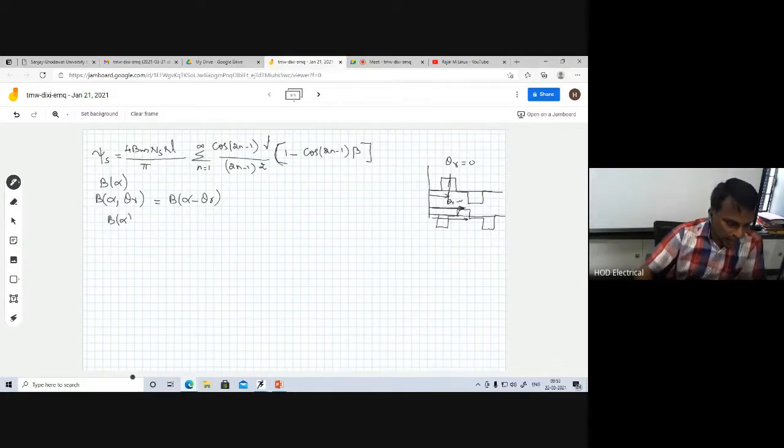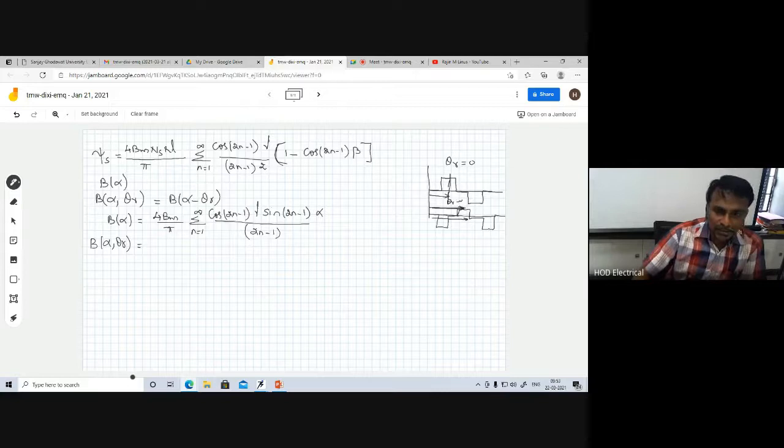We have already derived B of alpha: 4 Bm by pi into the summation n equal to 1 to infinity of cos of (2n minus 1) gamma sin of (2n minus 1) alpha divided by (2n minus 1). For B of alpha comma theta, instead of alpha we write alpha minus theta.